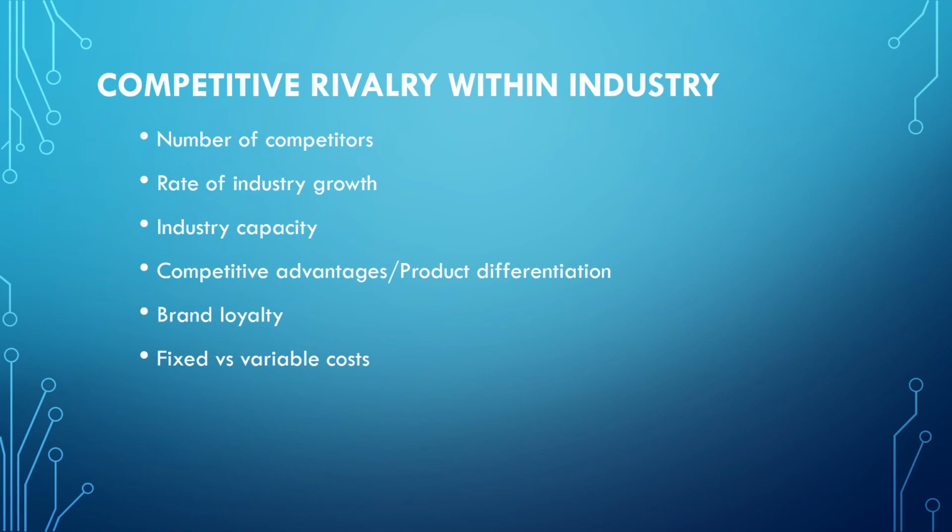Same thing happens with brand loyalty. If my customers are brand loyal, then I don't have as much competitive rivalry within my industry. But if my customers see 4 or 5 alternatives as viable alternatives, then the competitive rivalry increases. Think about the notion with Coke and Pepsi. Coke and Pepsi have a strong competitive rivalry because most customers see them as relative substitutes for each other. Not all people, but many people.